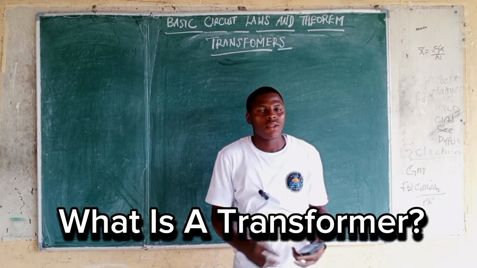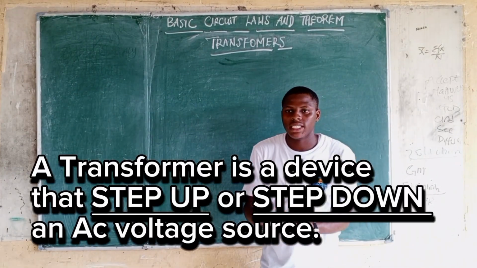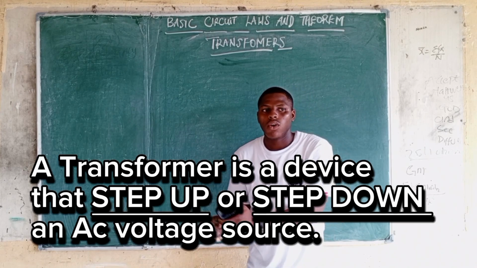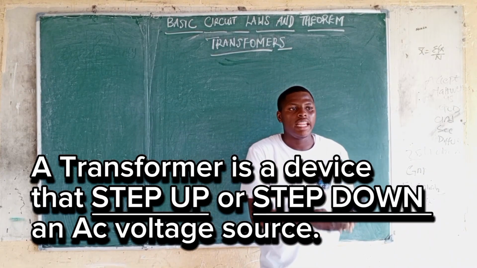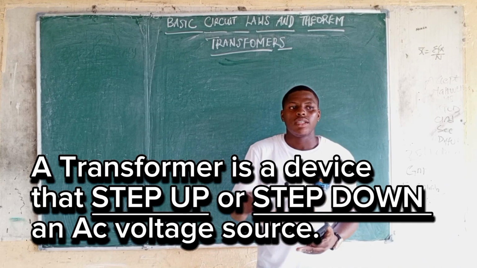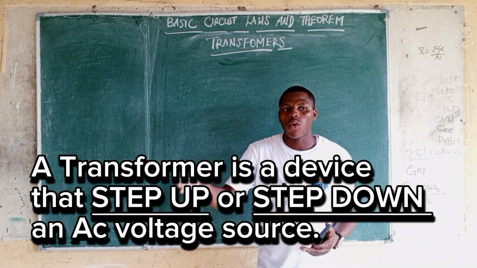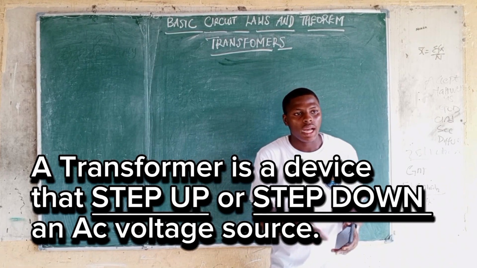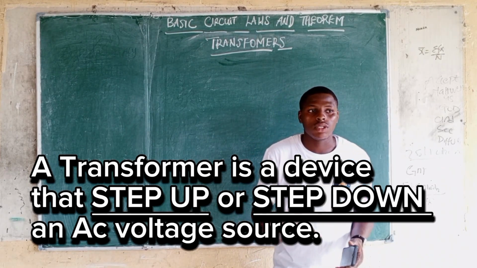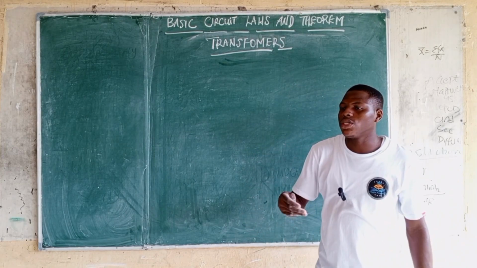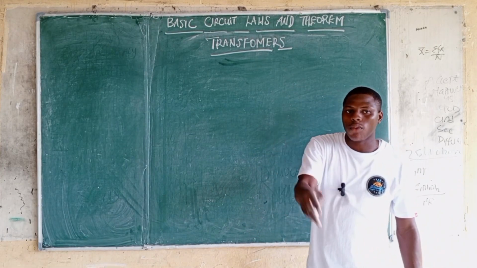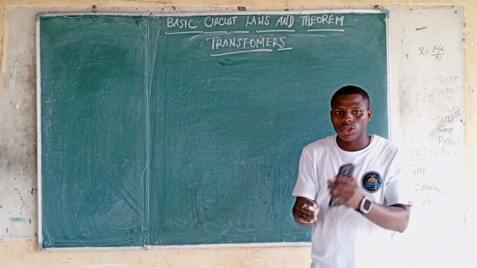So a transformer is a device that steps up or steps down an AC voltage source. Now, the first thing you should note down is the step up, and the second thing is your step down.